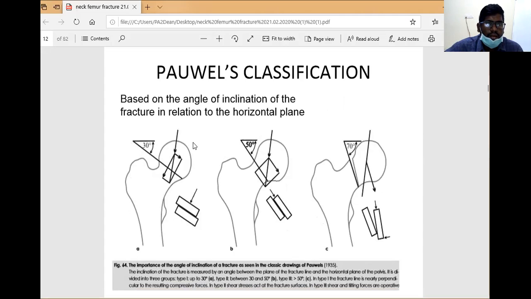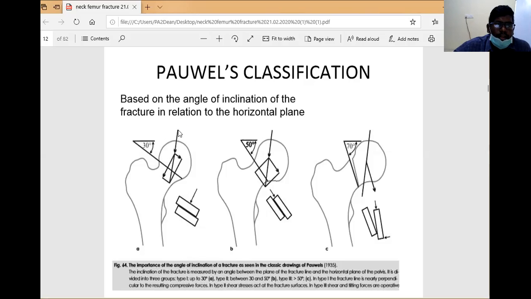A horizontal line is drawn, and the angle of the fracture line is measured. According to this, 0 to 30 degrees, 30 to 50, and greater than 70. So three variants are there. Out of this, 30 degrees is the stable one and 70 degrees is the unstable one.